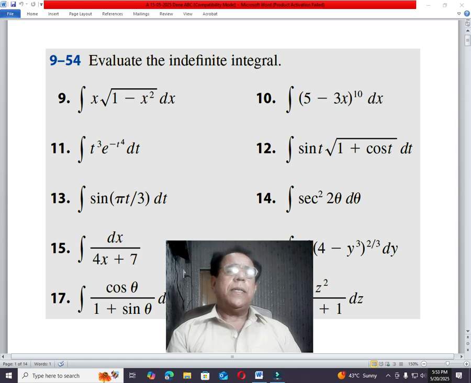While solving indefinite integrals, we add a constant, while in solving definite integrals, we do not add this constant c sign of constant.